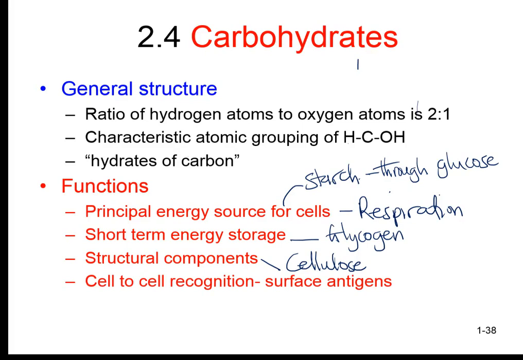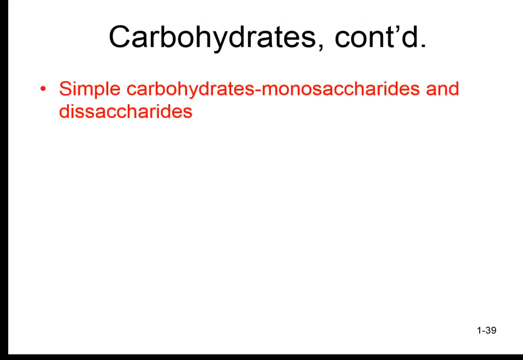Also, we use carbohydrates for cell-to-cell recognition, but it's really not a big job. So write down all these 4 functions of carbohydrates. The simplest carbohydrate is called a monosaccharide.